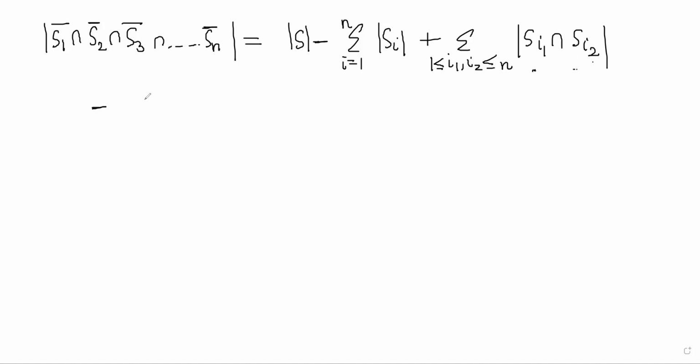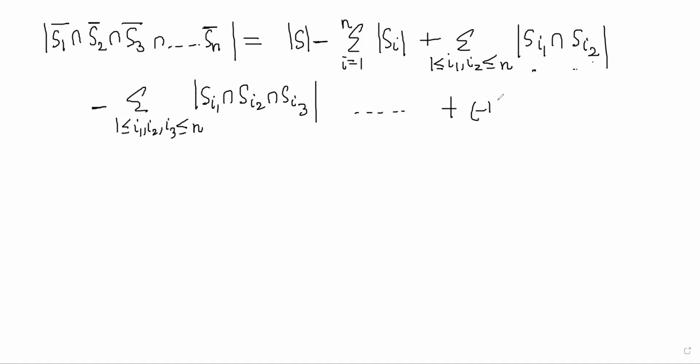Then you are subtracting three at a time, over i1, i2, i3, of Si1 intersection Si2 intersection Si3, and so on till finally minus 1 power n, S1 intersection S2 intersection till Sn. So this is what we wanted to find.